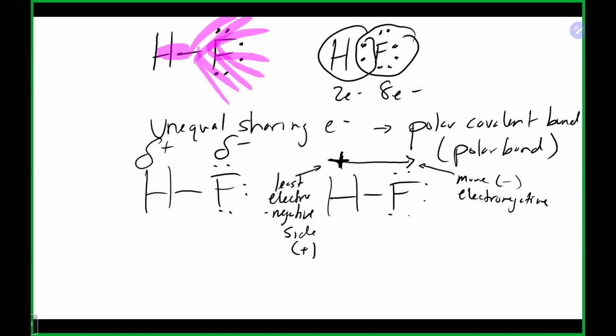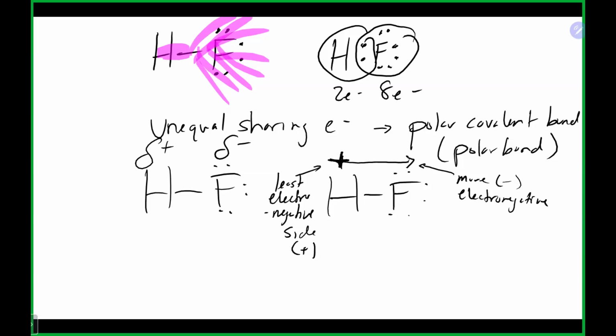That is different than what we see in the ionic bond, where the electrons are not being shared, they're being completely transferred. And that creates a positively charged ion, cation, and a negatively charged anion through the complete transfer of electrons. Here in a polar covalent bond, they are sharing an electron still, and in this case, hydrogen's barely hanging on, but it's still hanging on to those electrons.